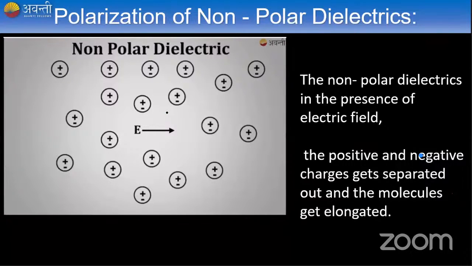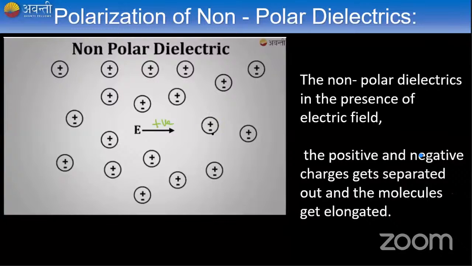The non-polar dielectrics in the presence of an electric field form positive and negative charges. How? Because of the influence of this electric field, say consider this an electric field due to a positive charge. Now what happens in the presence of a positive charge?